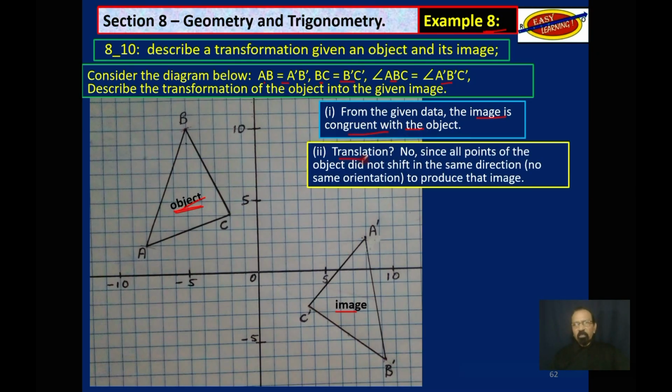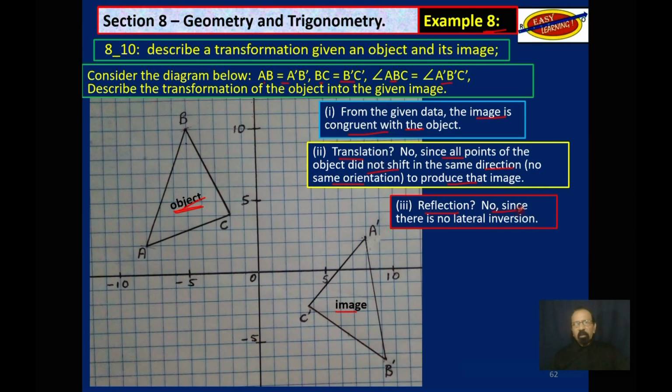So is it translation? No. Since the points on the object did not shift in the same direction, and you don't have the same orientation to produce this image. You didn't shift that object down this way. If you did, you would have the same orientation. So it's not translation. Now, is it reflection?